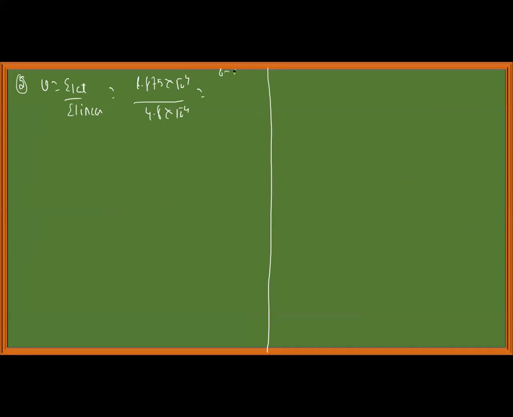Poisson's ratio ranges from 0 to 0.5. 0.39. Yes, sir.